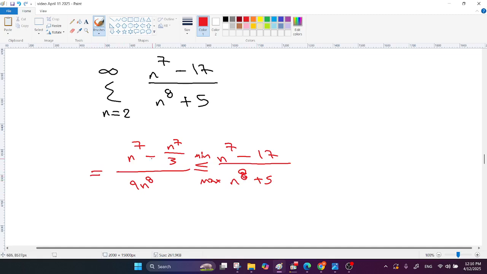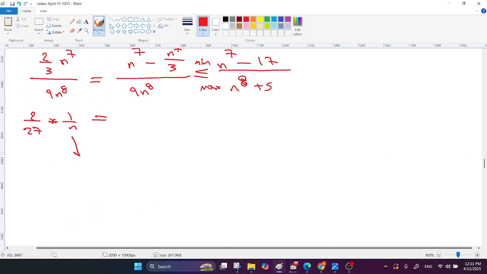Now you have here, like this, 2 over 3 times n to 7 over 9 n to 8. And this equals 2 over 27 times 1 over n. So this one is divergent, because it is the harmonic series, divergent, p equals 1. So this one is also divergent.